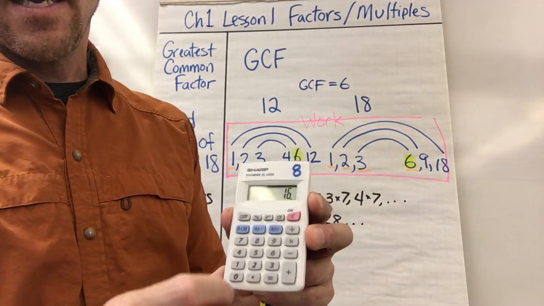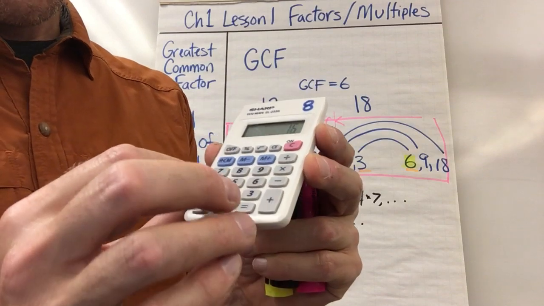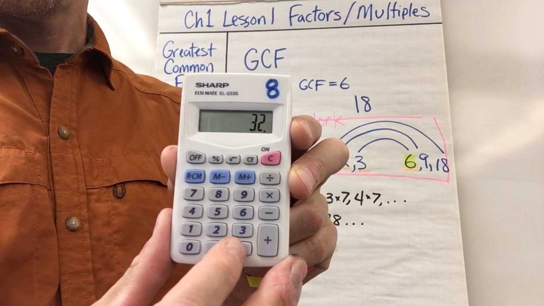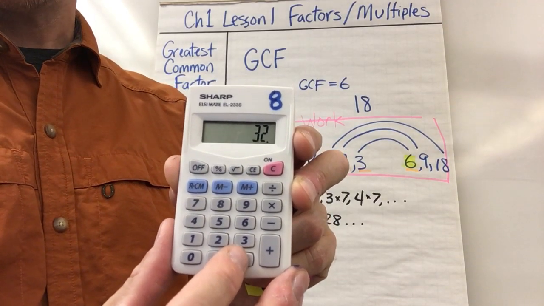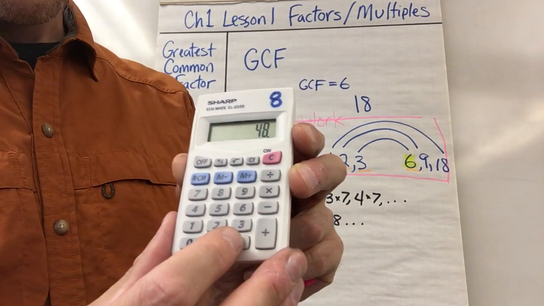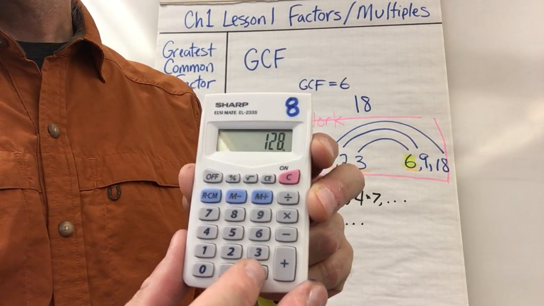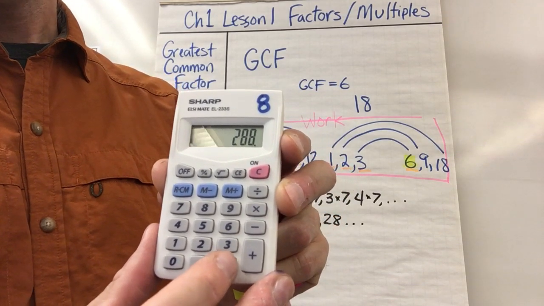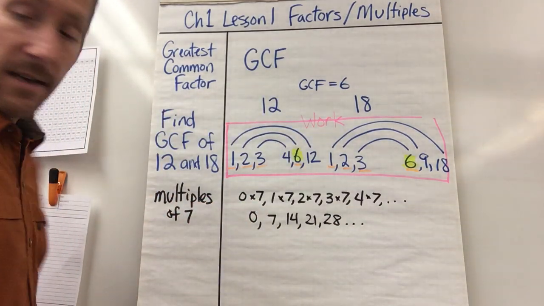I type in 16, and I add another 16, and I hit equals. 32. I hit equals again. It's going to count by another 16. 48. I hit equals again. 64. I can just keep hitting equals, and this is going to be skip counting for me by 16s. Okay, example.